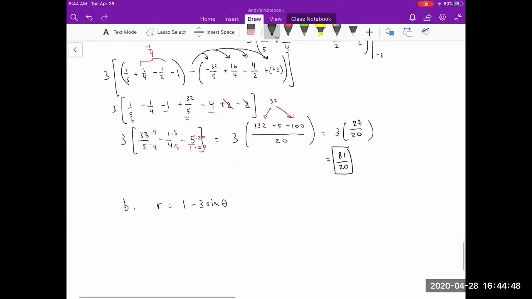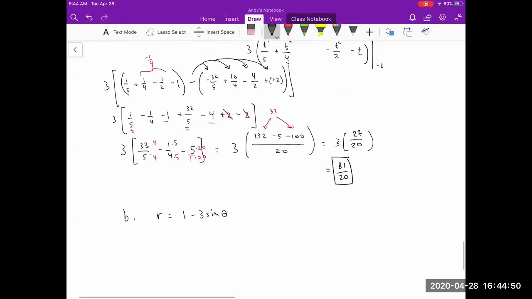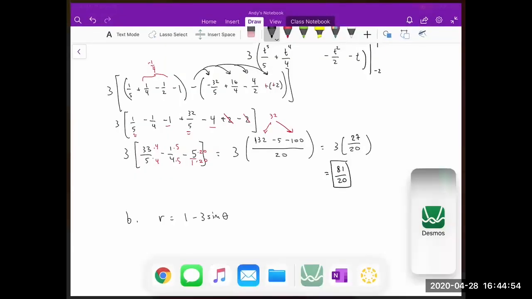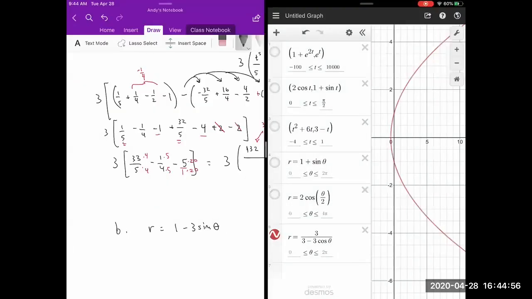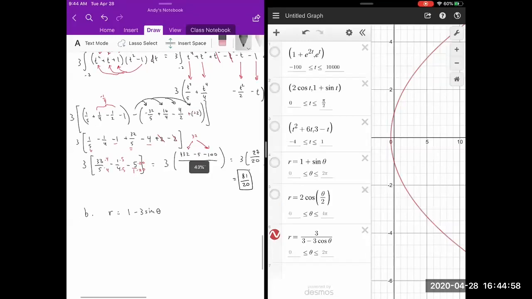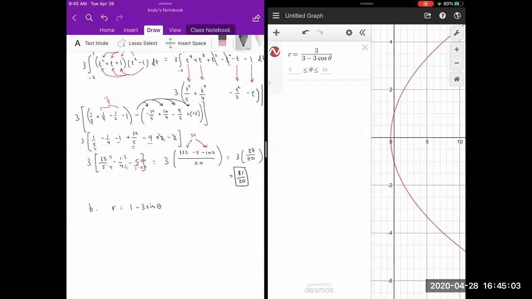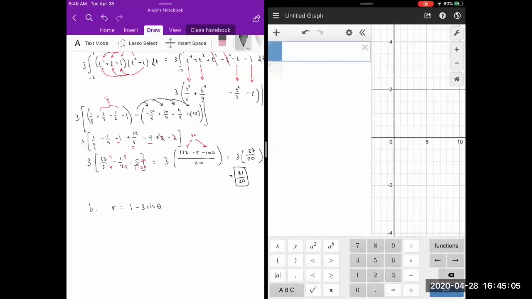So let's graph this in Desmos. We can move it over like that so we can see both. Let me get rid of all of these. All right, so the equation is r is equal to 1 minus 3 sine of theta.